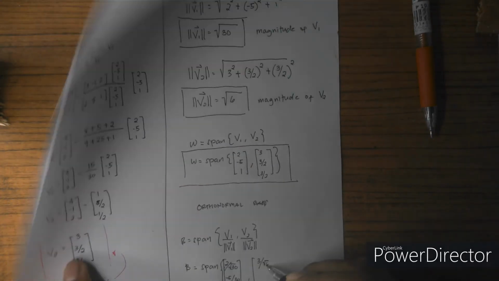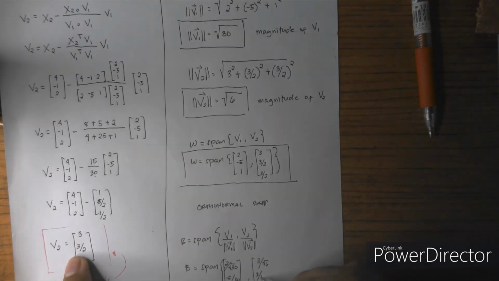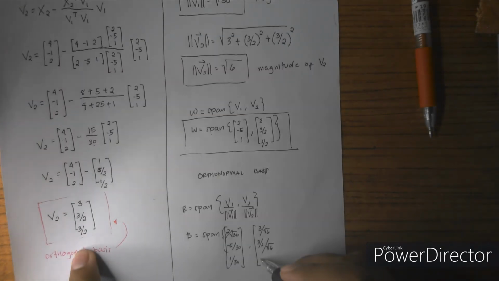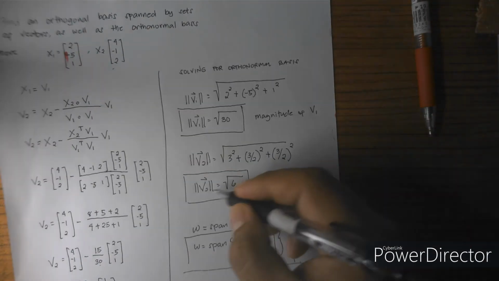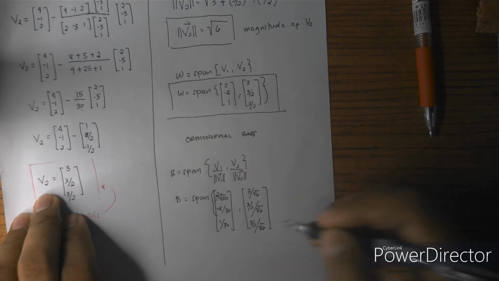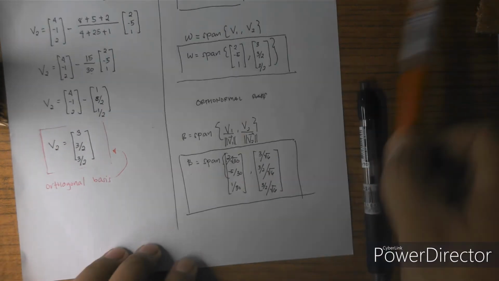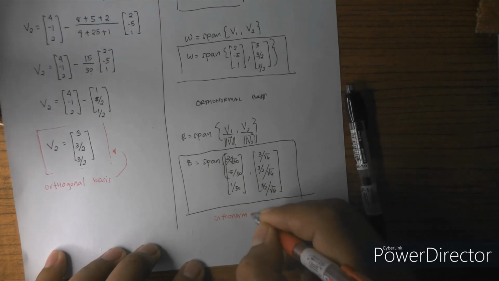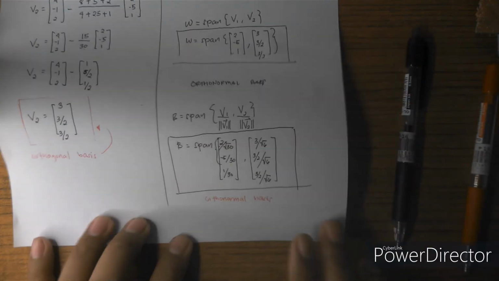And then another 3 halves over the magnitude of our vector 2, which is the square root of 6. So this is now our orthonormal basis.